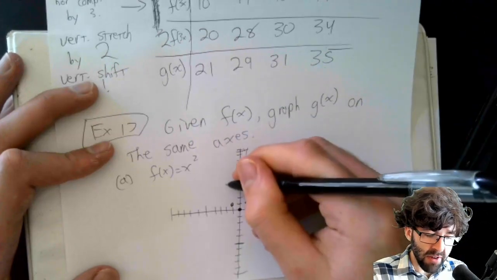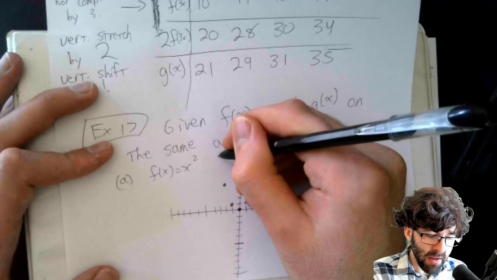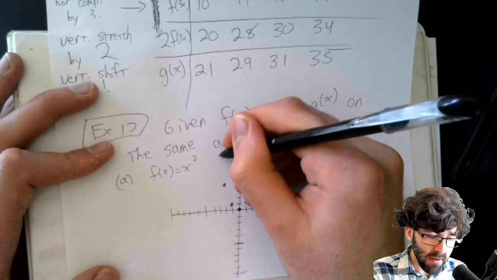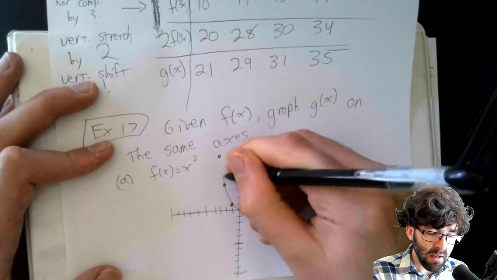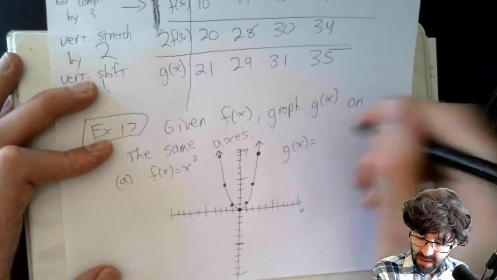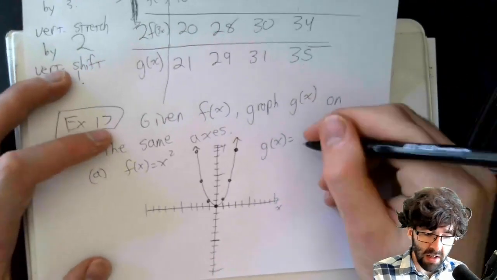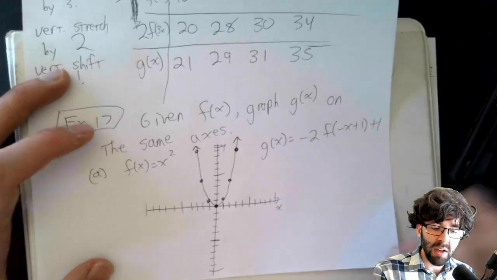And then it's an even function, which means it's symmetric about the y-axis, which means the points will be the same on the left. And this is f of x. And what you need to do is graph g of x, which is going to be negative 2 times f of negative x plus 1, plus 1.